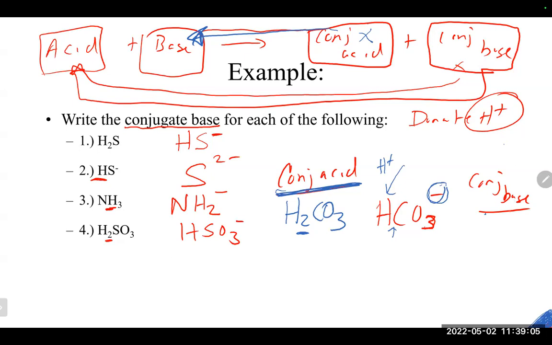Now, if we're looking for the conjugate base, once again, you can use this relationship like we did previously and see that we would be starting with an acid in this case, which means this guy is going to donate the H plus. So we actually want to take the H and the plus off. When we take the H off here, we end up with just CO3. Once again, it lost a positive, so it becomes one more negative, and it becomes carbonate in this case, CO3 2 minus.